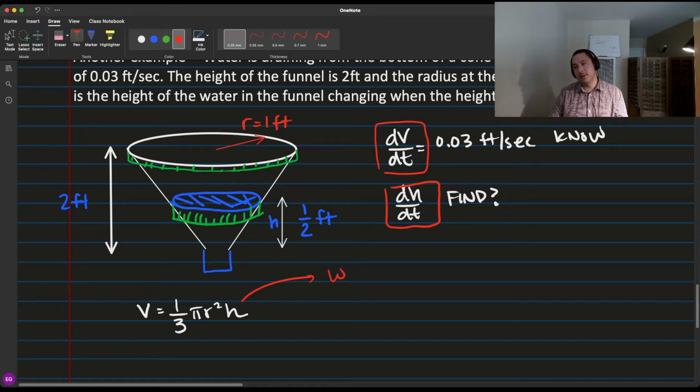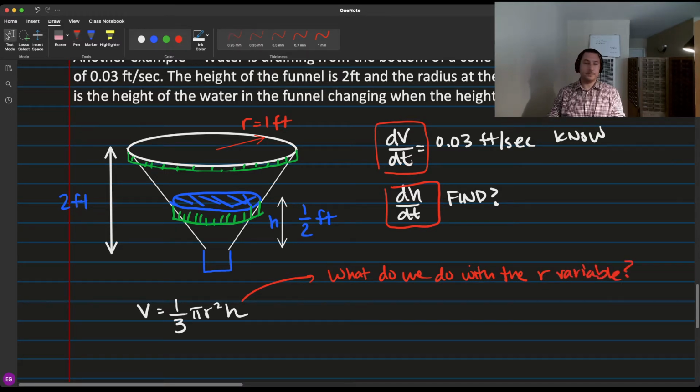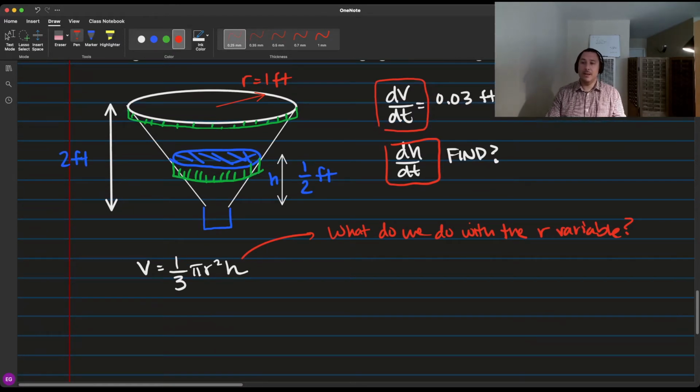So what do we do with the extra variable r? What we're going to do is get rid of it. And the way you get rid of it is that you realize that if you look at this cone, let's draw a height thing down here, you get a right triangle.